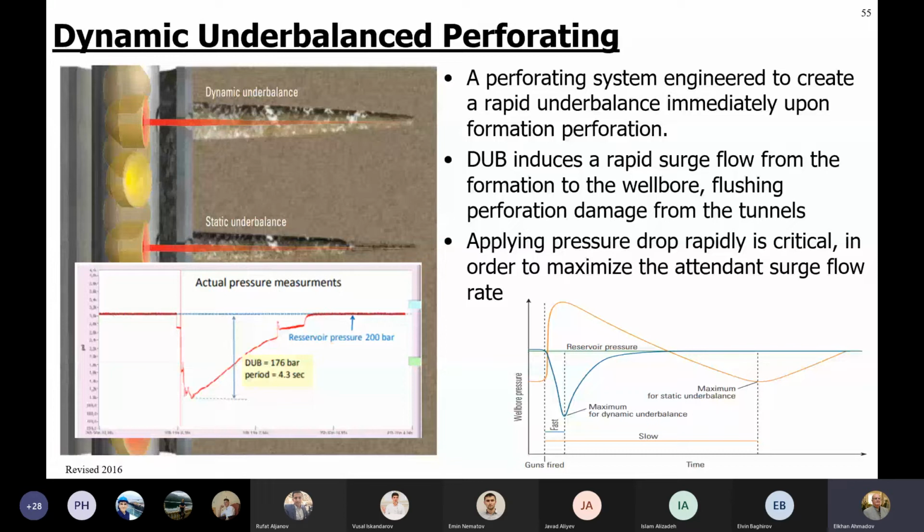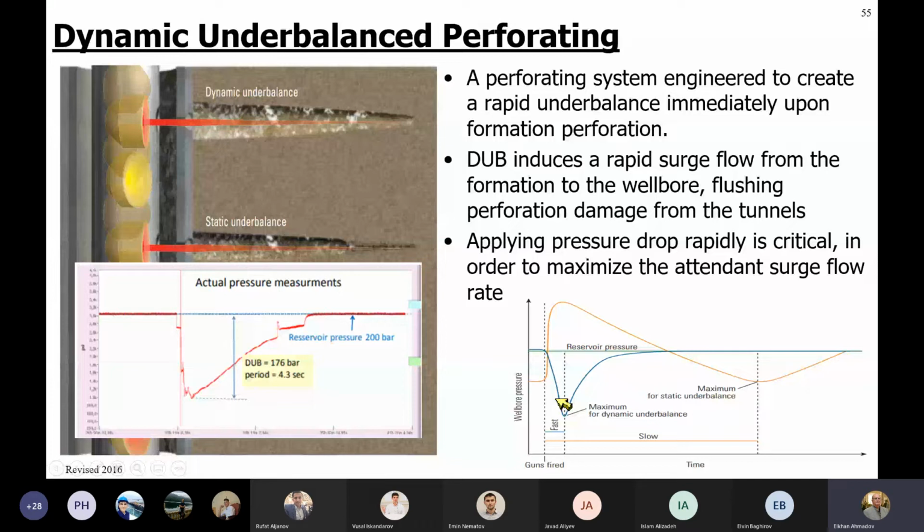This drawdown created in the wellbore can be very substantial, much higher than the static underbalance, which is limited because of the longevity of the operations, and it might lead to a kickoff or blow up of the reservoir fluids to the surface.